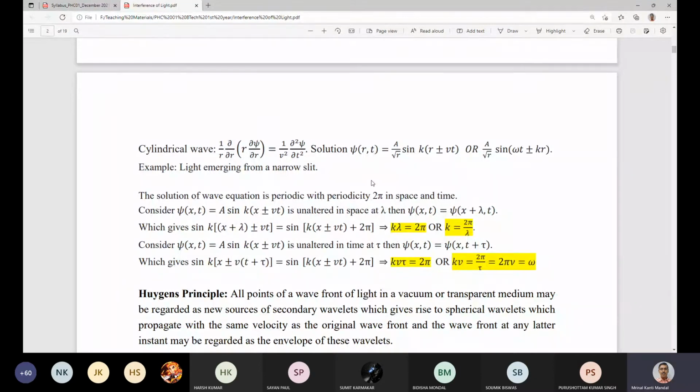Okay, so this is the cylindrical wave and its corresponding solution, and at the same time we have to mention the example also. That means if you consider a narrow slit, then it will produce a cylindrical wavefront or wave, right?